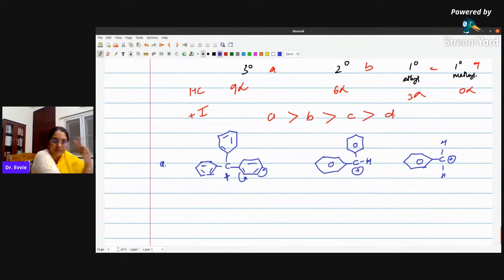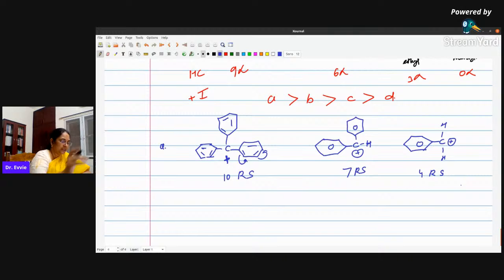So each ring 3, 3 plus 3 plus 3, 9, and this structure, so totally there will be 10 resonating structures. Here there will be 3 plus 3 plus 1, so 7 resonating structures. Here it will be 3 plus 1, so 4 resonating structures. I have told you that the more the resonating structures, the more stable it is. So as per this, this will be more stable than the next.